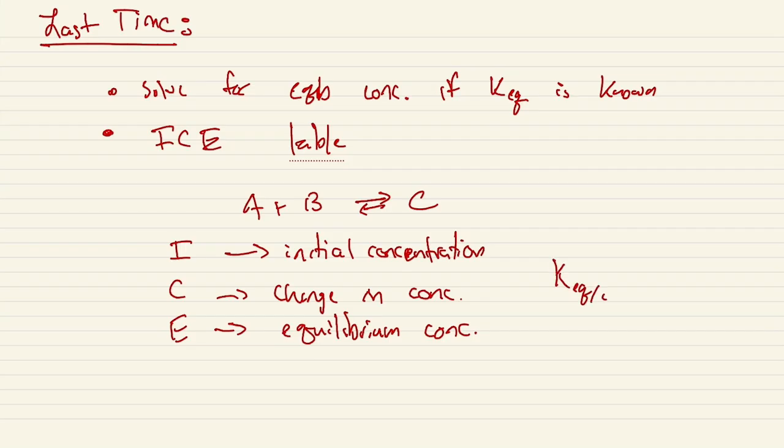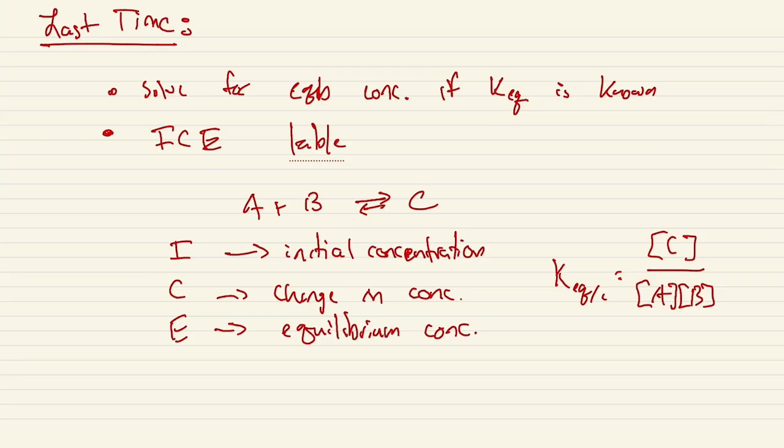KEQ, put slash C, because you'll see both of them used like that. C over A and B, right? Because they all have a stoichiometric coefficient of 1, so they don't have any exponents, and that's all equal to the ratio of the products over the reactants.